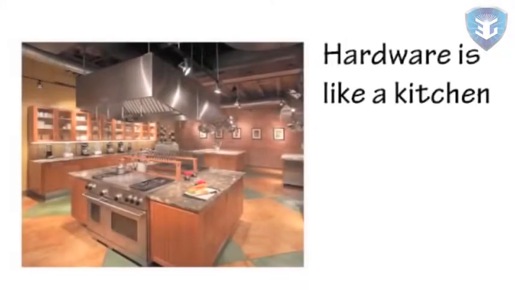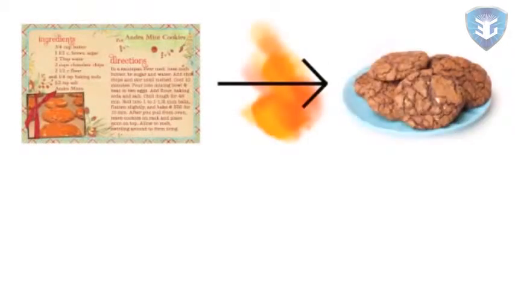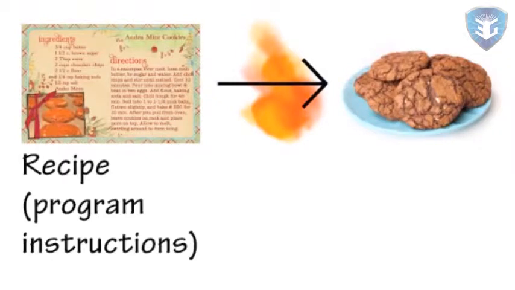The hardware of a computer is like a kitchen. It includes all the equipment necessary for cooking food, as well as an energy source and location for performing the processes of cooking. The kitchen is where the ideas of a recipe are translated into edible meals. A recipe is like software.